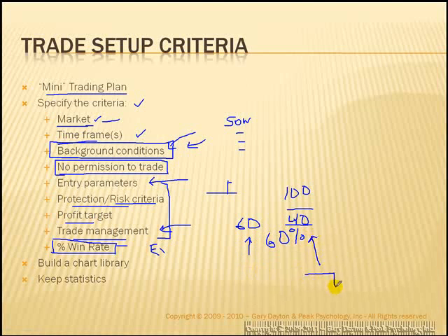And hopefully this number is going to be smaller than this number, and maybe this is say 2.5 times this number here. So for every dollar you risk, no matter whether it's a winning trade or a losing trade, your expectancy is that you will be winning $2.50 over time.